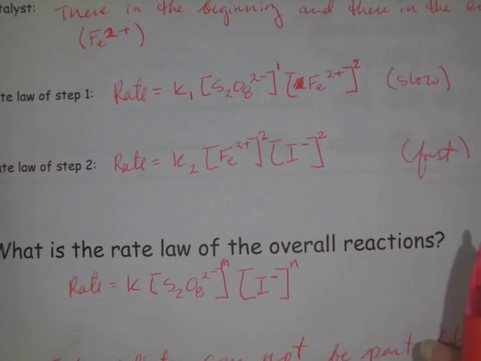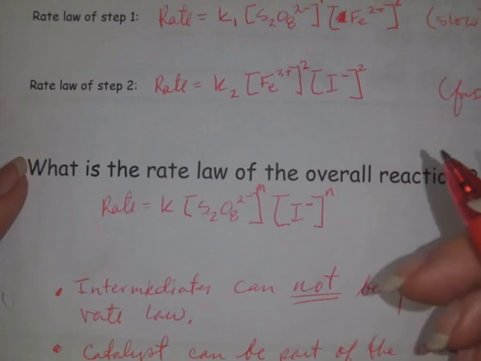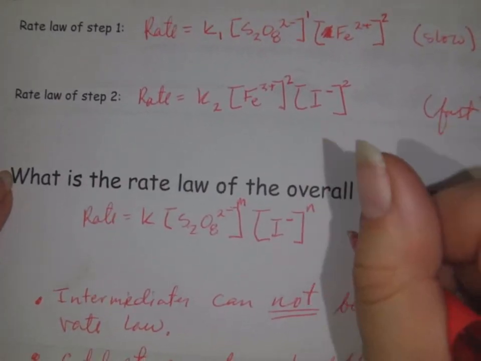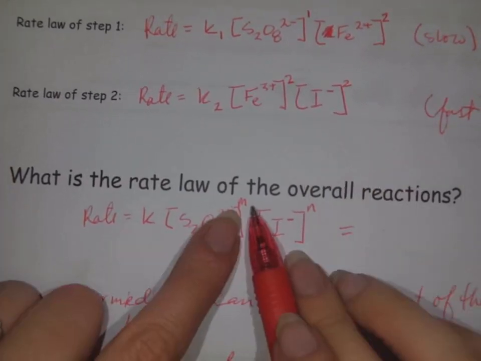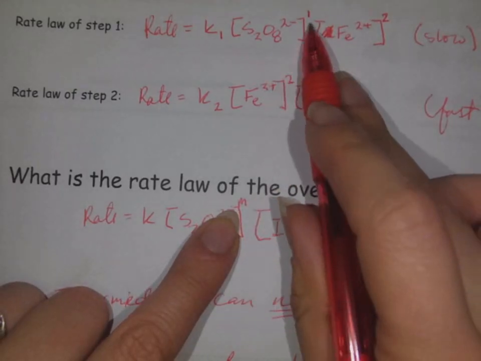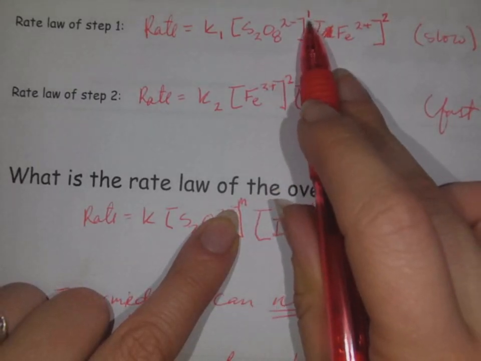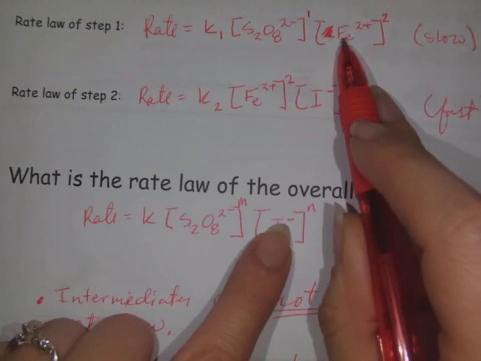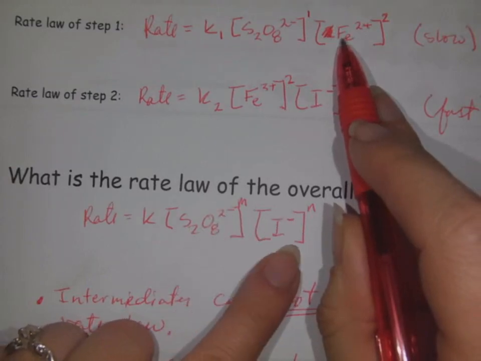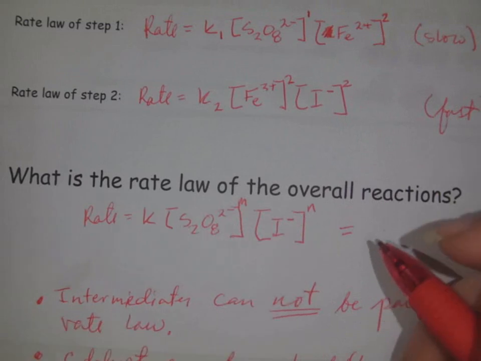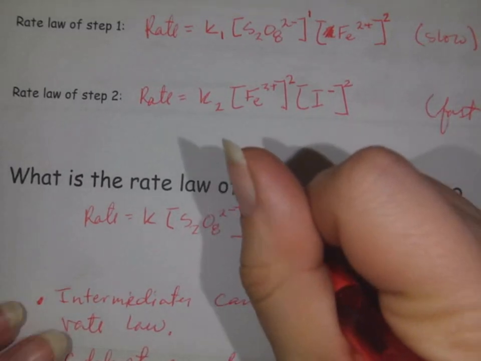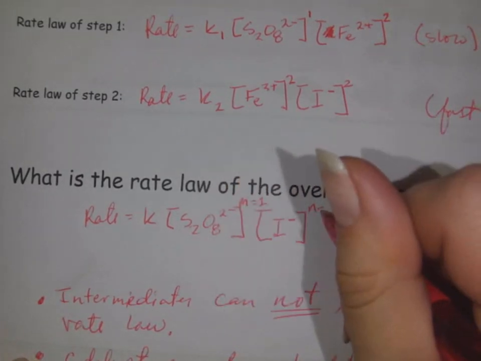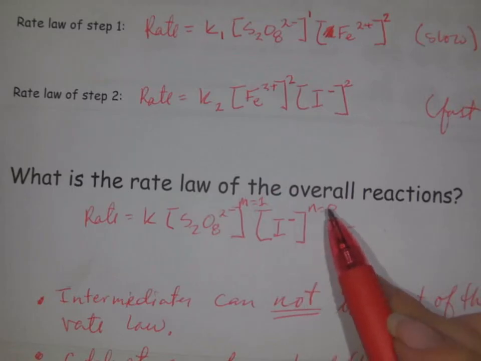Now, a couple interesting things. First off, based on this, we know that M is 1. The other thing that we know, this is iron, not the iodine minus. So if M is 1, the N is actually 0. This is going to be 1. That's going to be 0, because anything raised to 0 is 1.